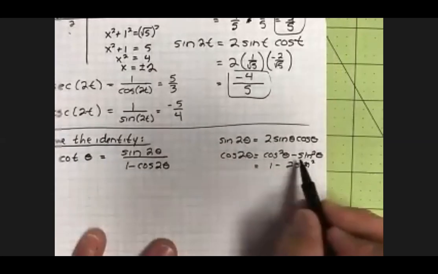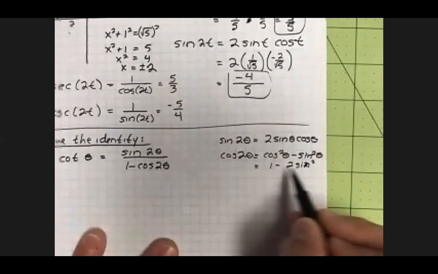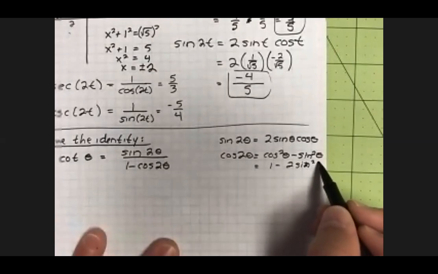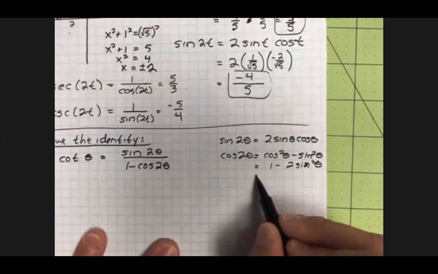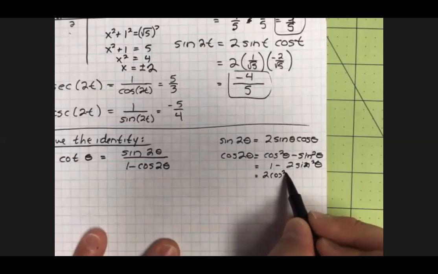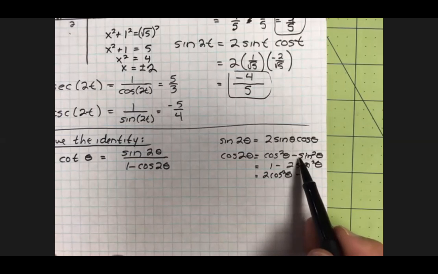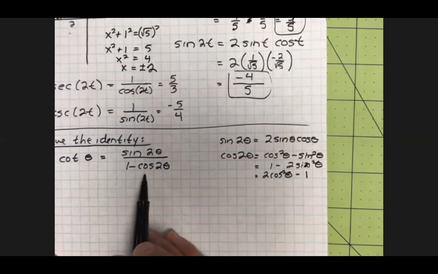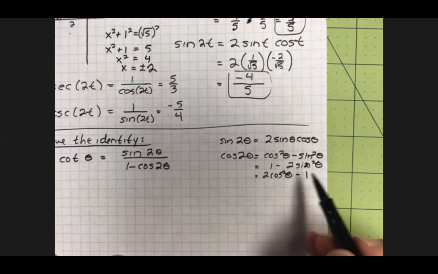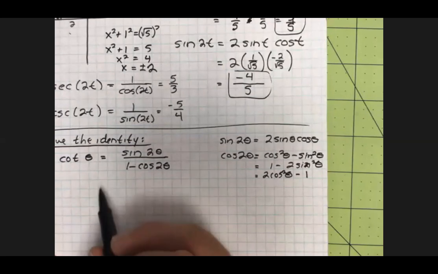I could write cosine 2 theta is cosine squared minus sine squared theta. Cosine 2 theta is 1 minus 2 sine squared theta. Or cosine of 2 theta is 2 times cosine squared theta minus 1. Any one of these 3 should fix this problem. And I can decide which one I want to use based on what would make this simpler.